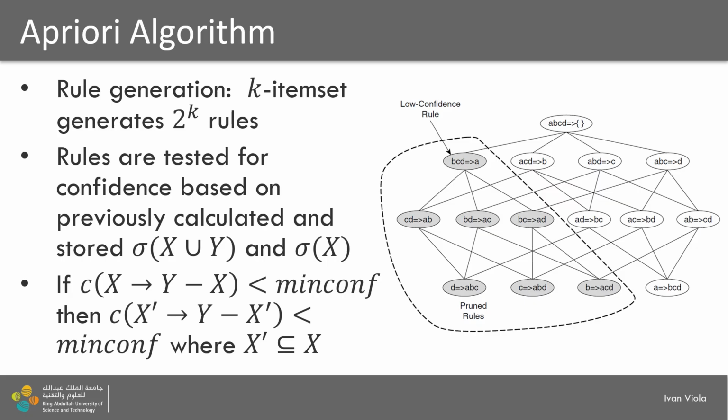Only for a 3-item set, we will have slightly more combinations. We have already seen that on the previous slide, where we have 6 combinations.